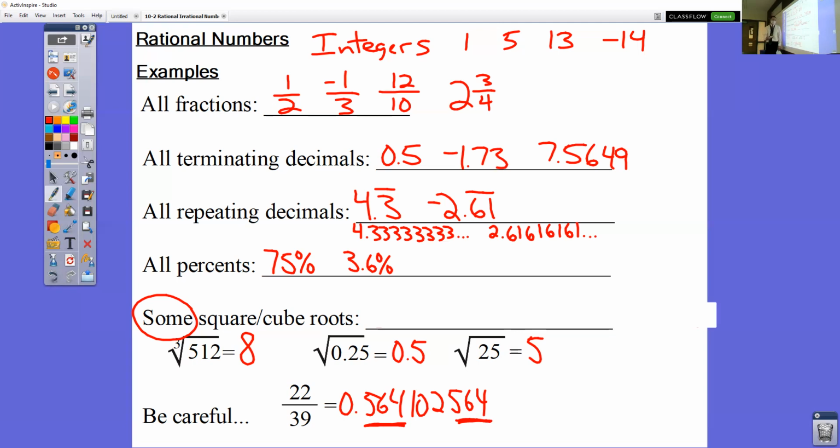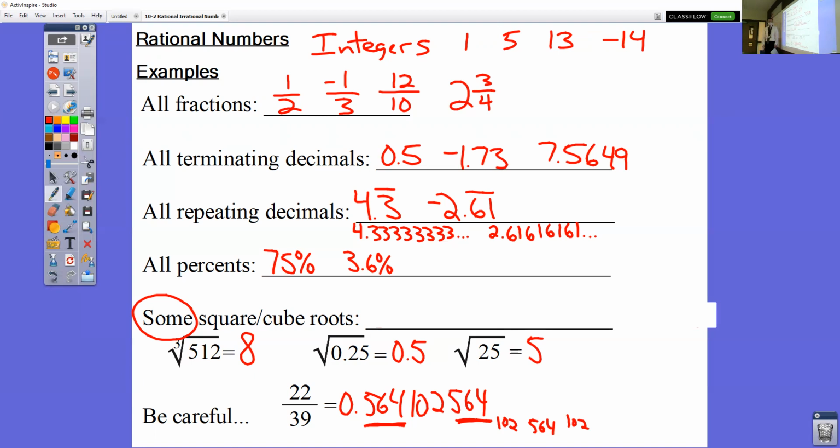You can just make an assumption that after the 5, 6, 4, it keeps on going 102, then it goes 5, 6, 4 again, then it goes 102 again. That makes it a repeating decimal. You have to really look and see your decimals and see if there's going to be a pattern there that is repeating.